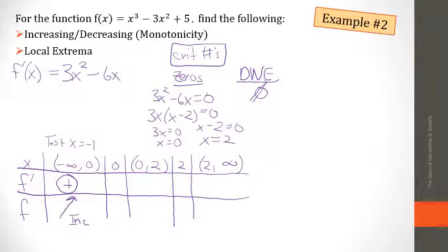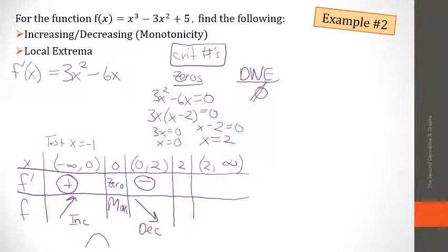In the interval from 0 to 2, I test x equals 1 and get negative, so the original function is decreasing. Our derivative is 0 at 0, and since the function goes from increasing to decreasing, we have a max at 0.